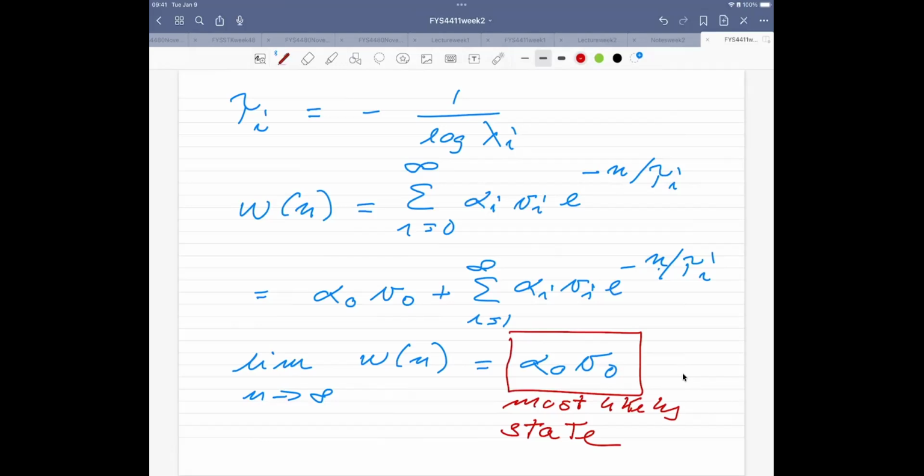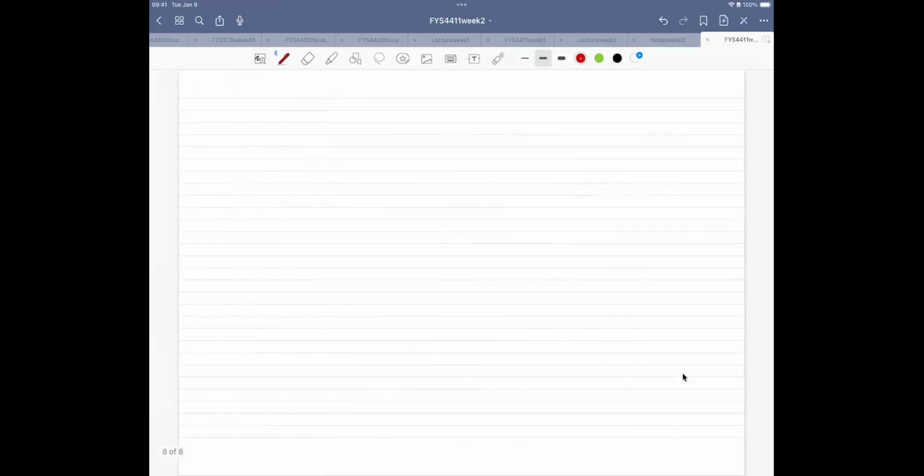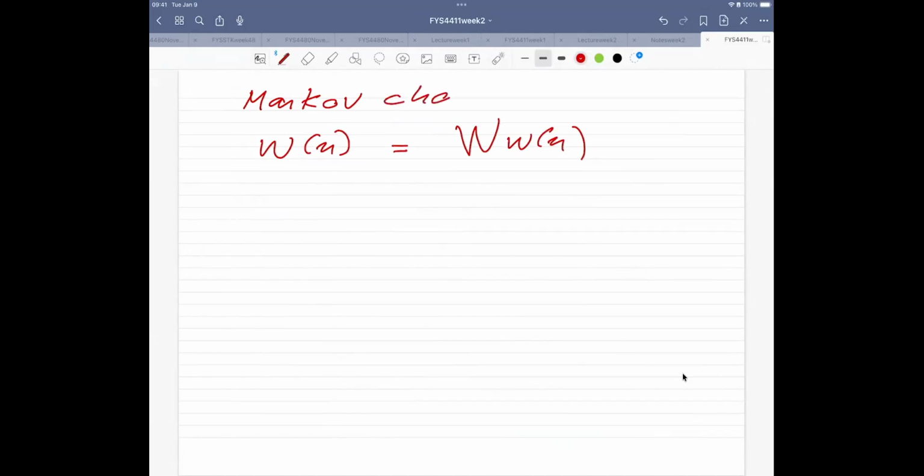And you can see that from another point of view, because if we look at the Markov chain, then when the system has reached equilibrium, the state W of n is equal to the matrix times W of n. So this is in the limit for the Markov chain. In the limit, this is the steady state.